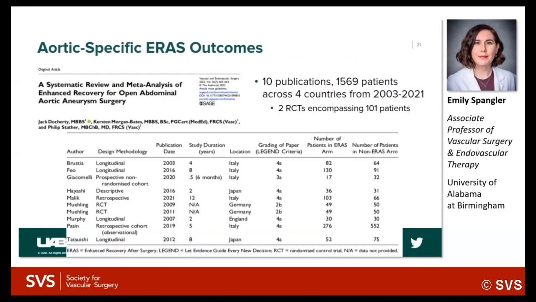Elements tracked in the included protocols included things like screening, medical optimization, patient education, fasting and carb loading measures, early antiemetics and early analgesia in the preoperative phase, patient warming, goal-oriented fluid-directed therapy, and short-acting anesthetics in the intraoperative phase, and in the postoperative phase, opioid reduction, early mobilization, multimodal analgesia and epidural use, fluid management strategies, and line, catheter, and drain management, as well as regimens for bowel and diet and discharge coordination. These studies variably included each of these elements within their protocols.